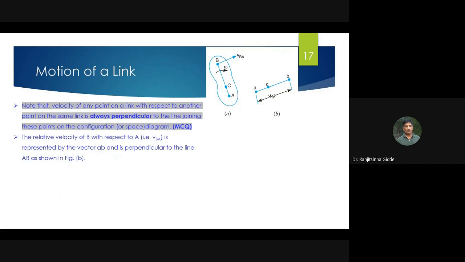Okay. Now we are going to assume that omega is equal to the angular velocity of link AB about A. Already we have shown this omega.